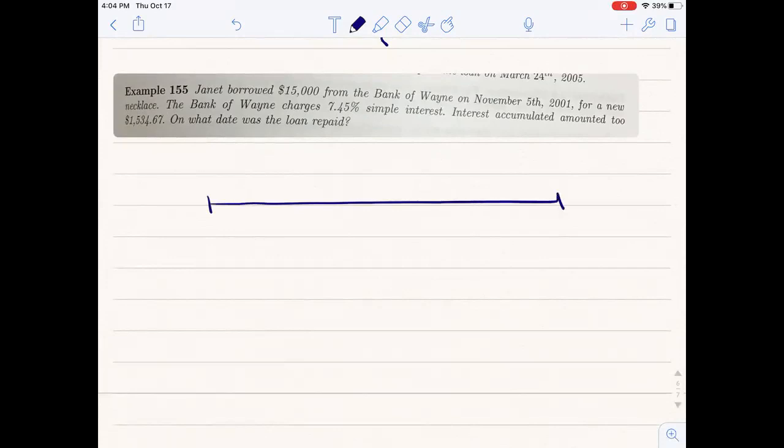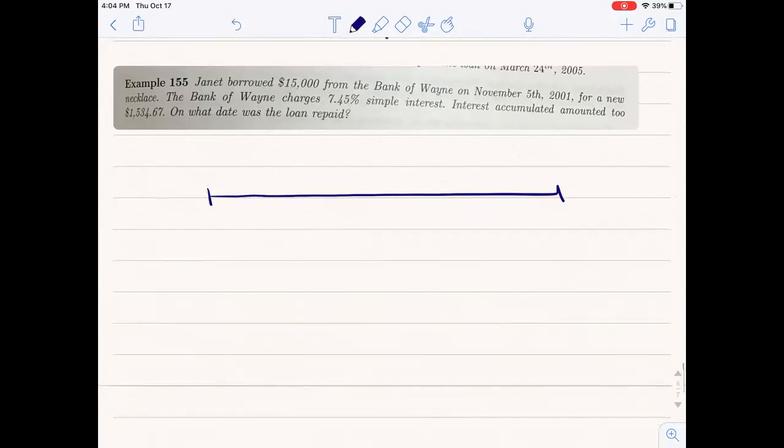All right, so we've got a timeline. She borrowed some money, $15,000, and then she repaid it later at some unknown date, right? Because that's what we're trying to figure out. But she borrowed it November 5th, 2001. So we can jot that down.